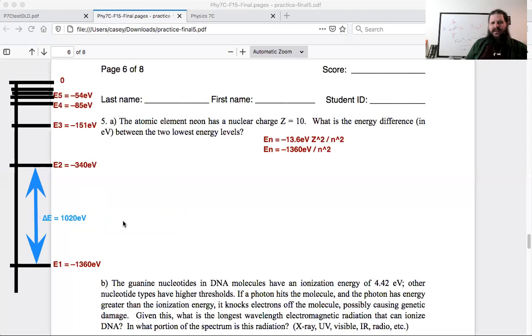And how would you give it energy? How do you transfer energy to an atom like this? Photons? Yeah, you hit it with a photon. And as long as the photon you hit it with has exactly that much energy, exactly 1020 electron volts, then that photon will be absorbed and the atom gains the energy that the photon had. And what determines how much energy a photon has?